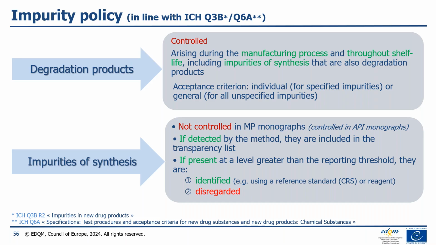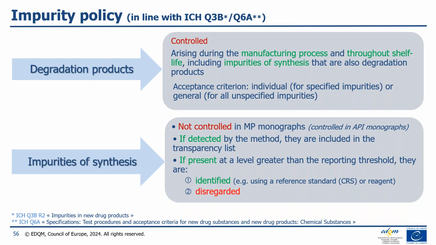Acceptance criteria that are set can be individual acceptance criteria for specified impurities, or all unspecified impurities could be covered by a general acceptance criterion. So impurities of synthesis are not controlled in the medicinal product monographs unless they are degradants, as mentioned.